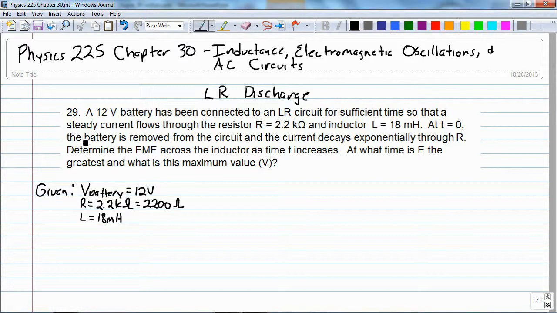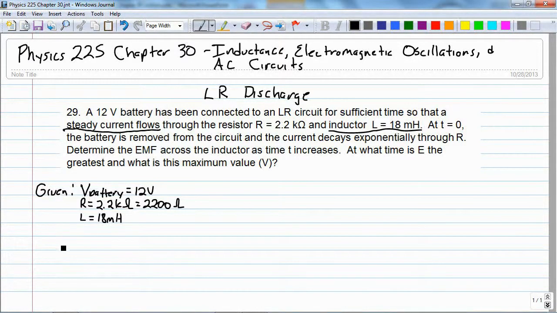Now the first clue that we have is that the current is steady. If the current is steady, then it means that the potential induced across the inductor is 0.